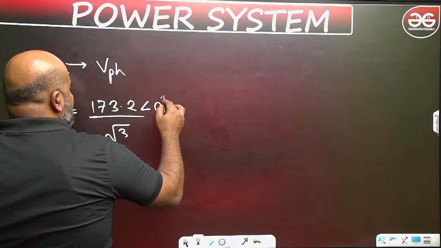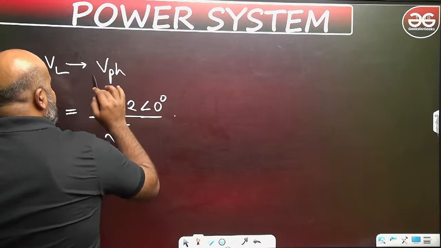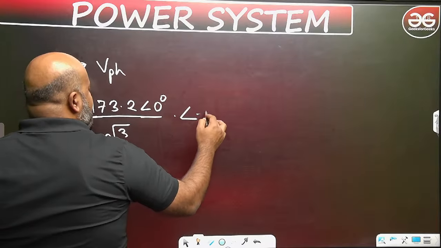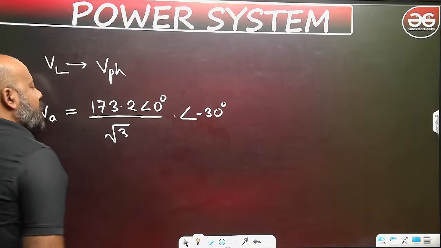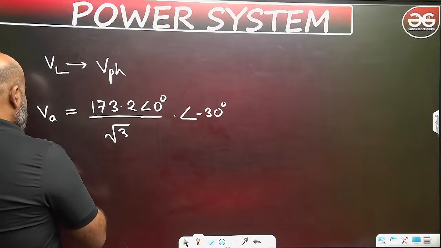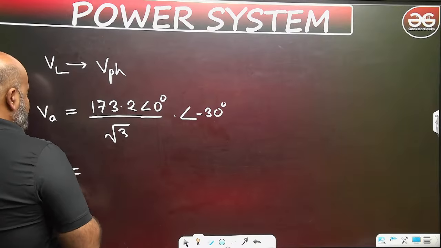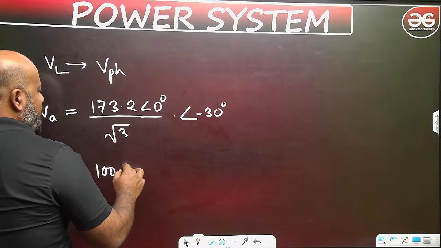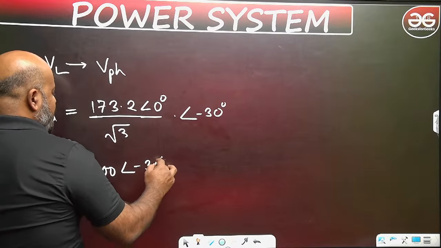Angle is 0 degree. And this phase voltage is going to be lagging this line voltage by 30 degree. So can I write VA? If you simplify this, it becomes 100 angle minus 30 degree. Can I write this or not?